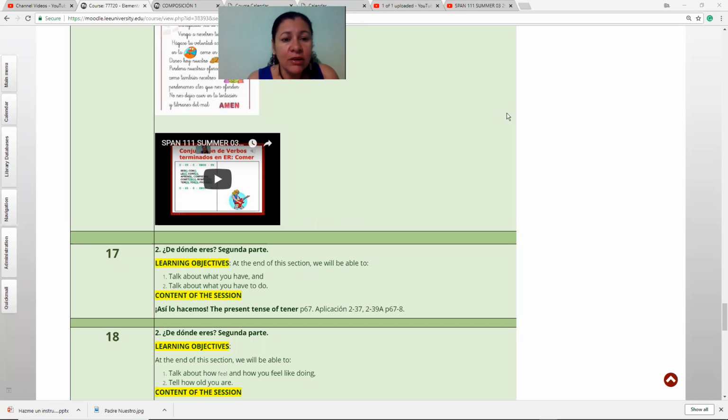And now we are going to continue with the second part of this day, which is dedicated to a specific verb that is very important in Spanish, the verb tener.